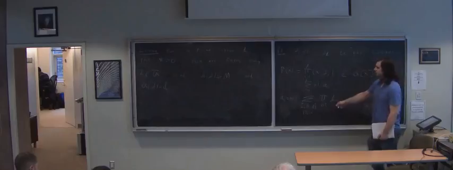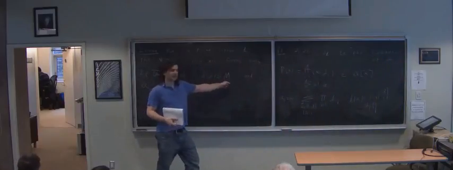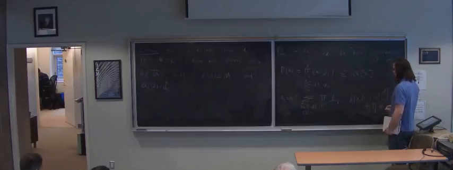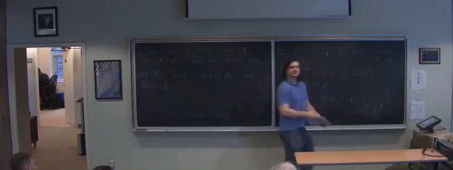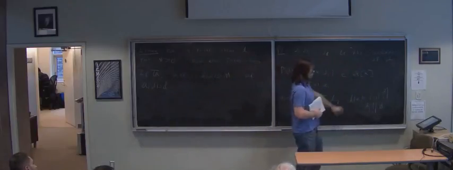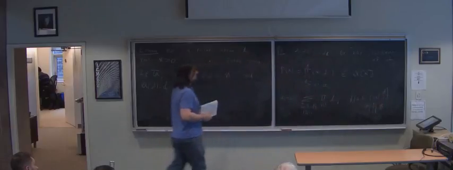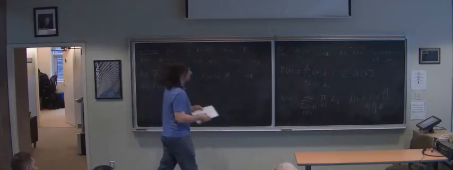We know that the height of each alpha j is at most m, and heights are subadditive. And so this is this guy times m times i. Whatever. So whatever this number is, it's some finite number depending only on m and d, but d is fixed. Okay.